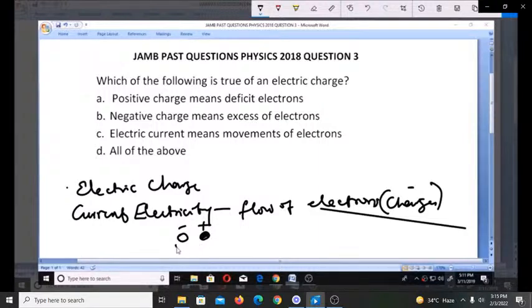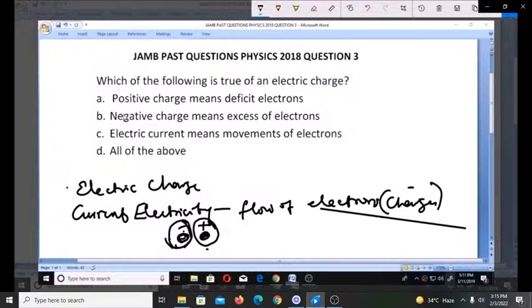So when you have excess of this electron that is negatively charged, you expect a negative charge. Overall charge will be negative. But when these protons that are positive are in excess, then you expect an overall positive charge. When the electron is not enough, when it is deficit, it will then be positive.